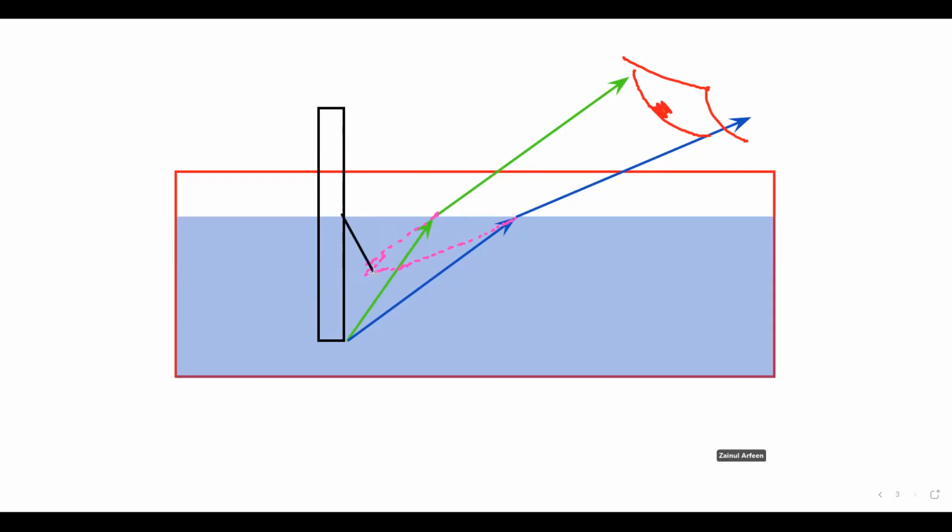So when we look at this part as the base, what does it appear like? It appears that the object is smaller or bent, because the top part we are able to see, and the bottom we are only able to see this part. That's why we say the object appears to bend when it is under water, but in reality it does not bend.